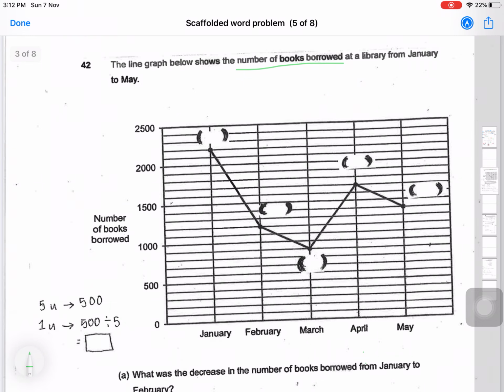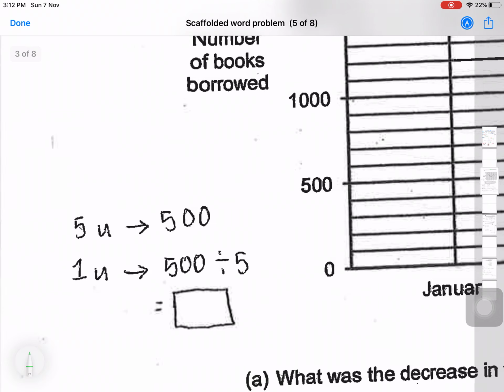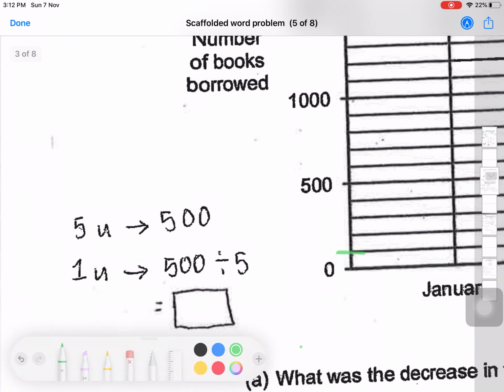So now, let's fill in the data points of each point. It is very important to fill up the points, the data on the line graph first. Before we can do that, we need to find what one interval represents. We can see that this is made up of 1, 2, 3, 4, 5 gaps.